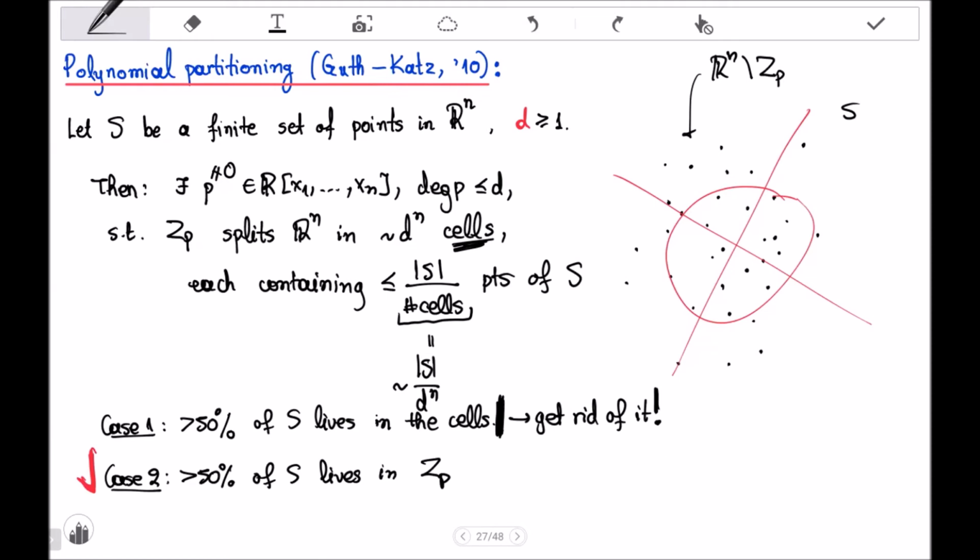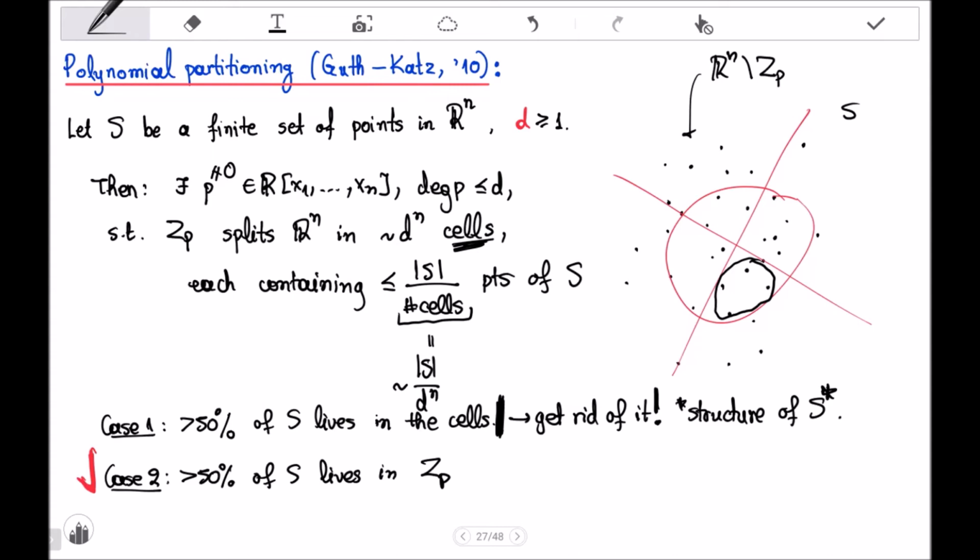And always behind getting rid of case one hides the structure of S somehow. You need to know what kind of points you're looking at to get rid of case one, because you may get rid of it by using induction. Like we see that we can work on a cell of average behavior, with fewer points, fewer lines, and do some induction. Induction means that some specific estimate, you really believe in it, so it must have to do with the structure of the points.